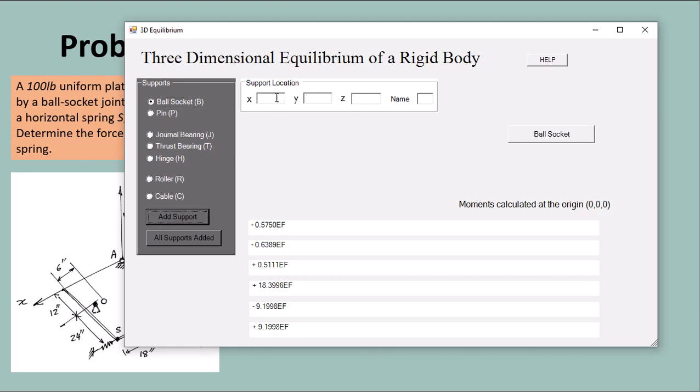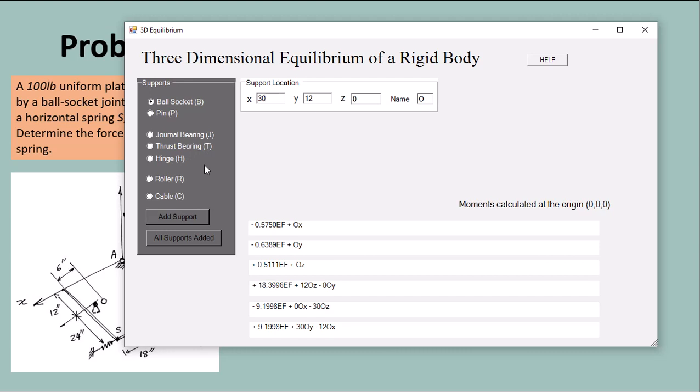add support, put location, add name, ball socket is added.